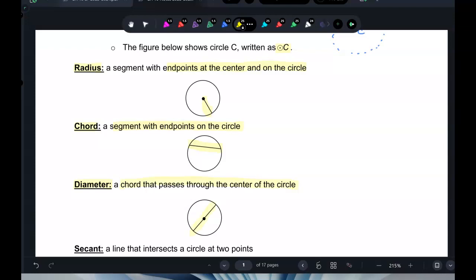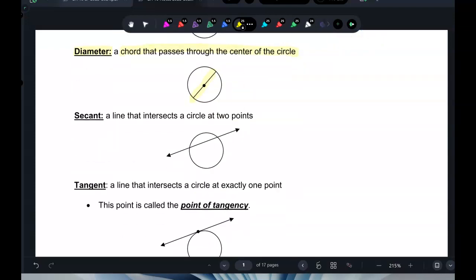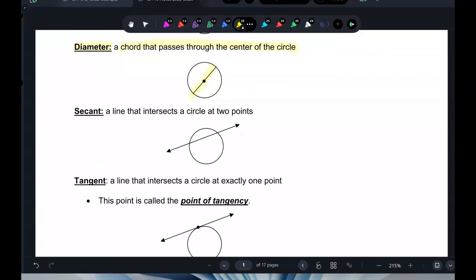So a diameter is always a chord. But if I said a chord is a diameter, sometimes. Is a diameter a chord? Always. That's actually the easiest. These are probably new.